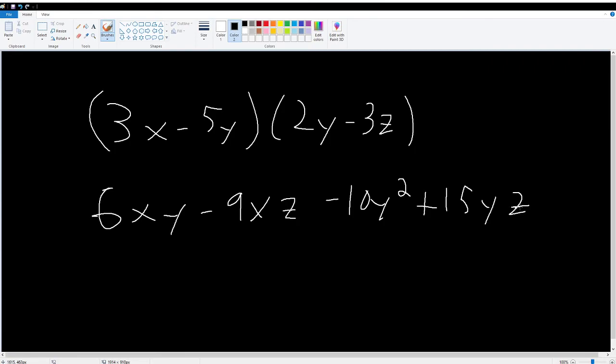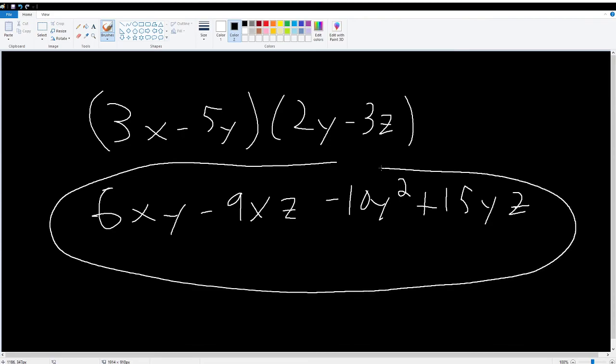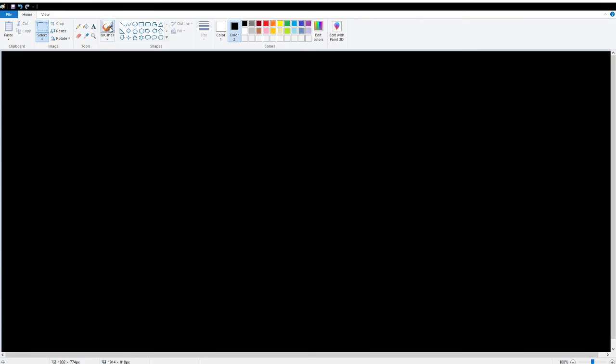As you can see, when we multiply a polynomial by another polynomial, we get back a new polynomial.